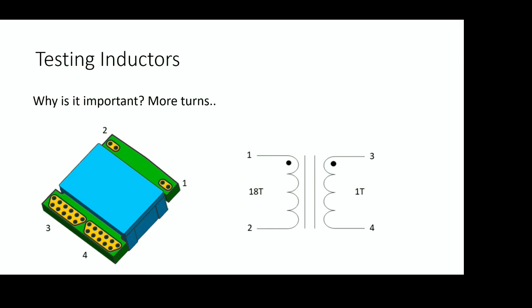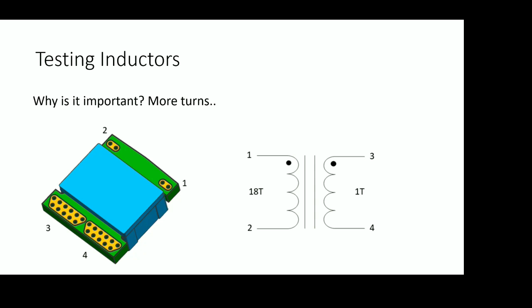But then we also get into what we call inductors with primaries and secondaries, and that's why it's important to test for the inductance, as Rick and I have been talking about, because we have a lot more turns. We still have the core, but we have more turns maybe on the primary and the secondary.